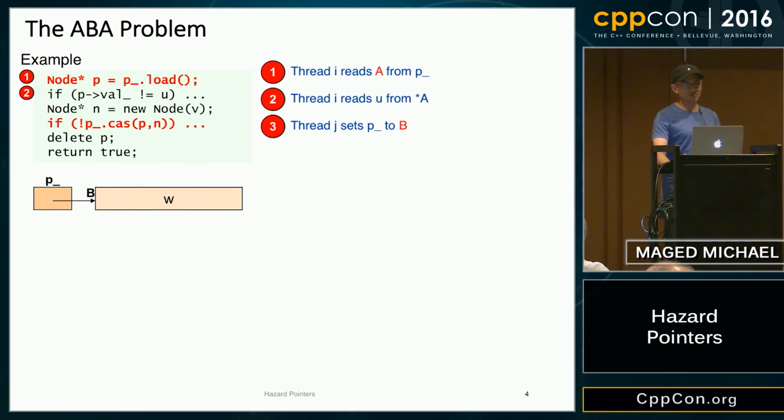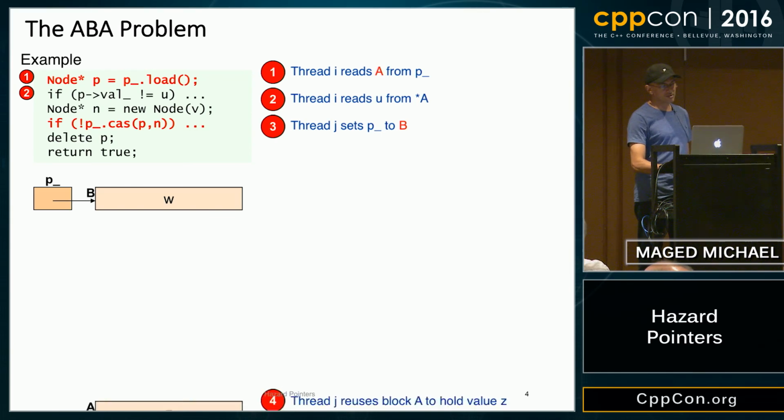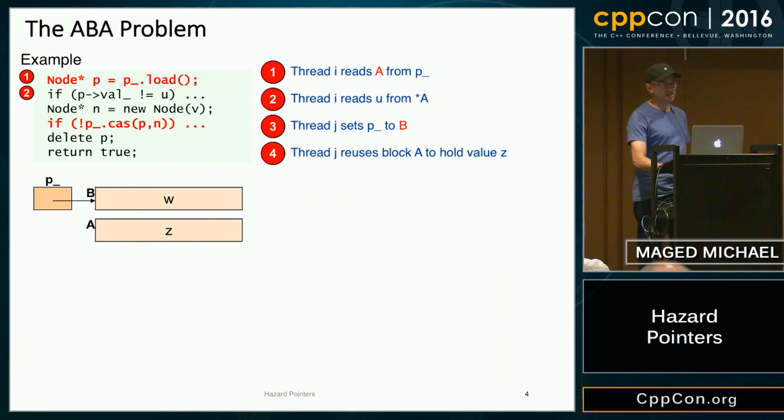In the meantime, thread J changes the value and allocates a new block B that has some different value W, and also thread J reuses block A to hold the value Z, which is different from U that it used to hold before.